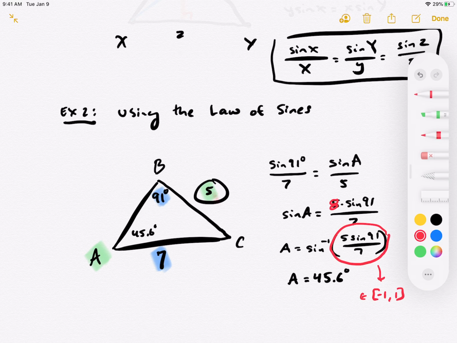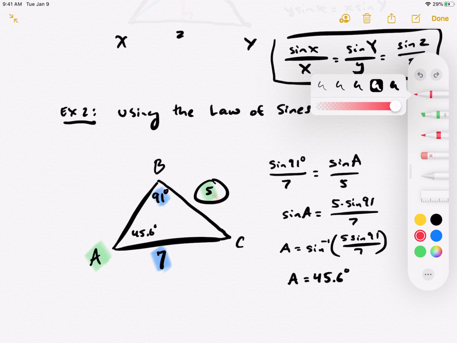Okay, so what now? I worked out angle A. Now I could quickly figure out angle C using the fact that there's 180 degrees in a triangle, and 91 plus 45.6 is 136.6, and if I take that away from 180, I work out that angle C is 43.4 degrees.